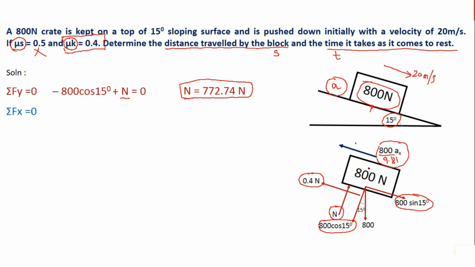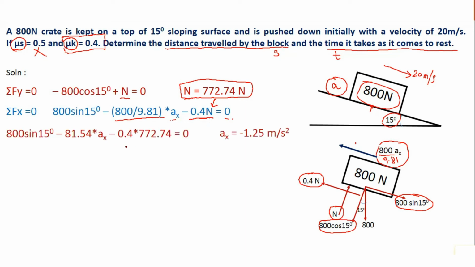Substituting these values, I get 800 sin 15 minus 800 divided by 9.81 ax minus 0.4 N equal to 0. We have already found the value of N in the above equation. Substituting N as 772.74, I will get the value of ax as minus 1.25. So with this we have found the acceleration of this body.